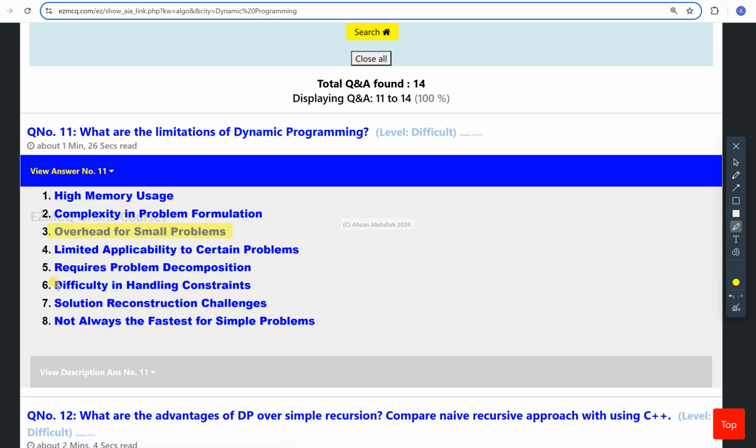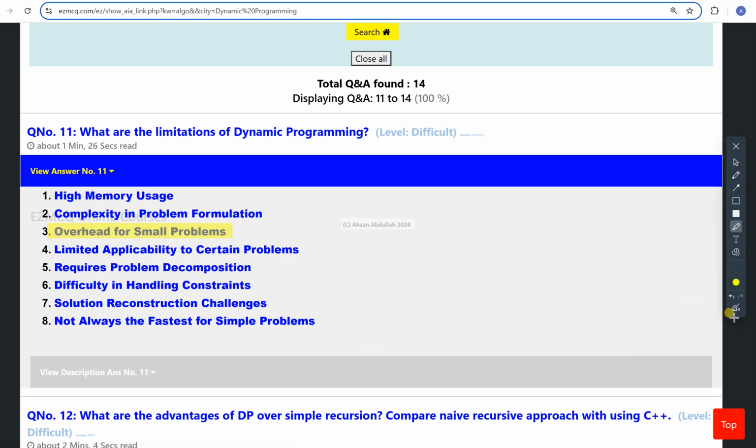When there are constraints, how do you include those constraints within the framework of dynamic programming? Solution reconstruction challenges. Once the sub solutions have been developed by using the prior solutions, the question is how you combine those sub solutions to get the overall solution. That's the challenge, and it's not always the fastest for simple problems. So let's look at it in more detail.